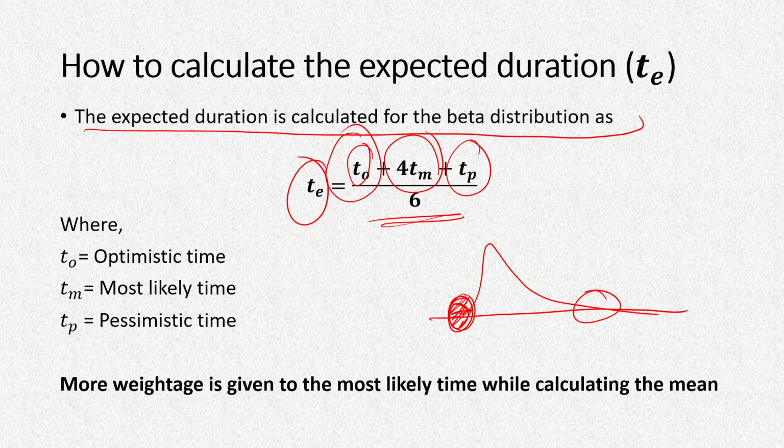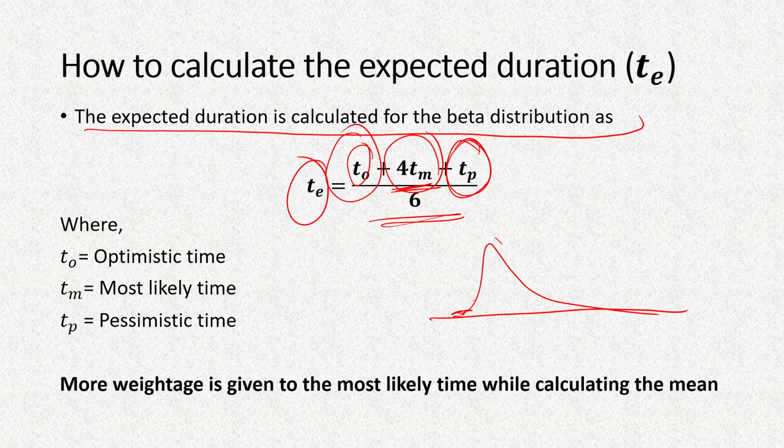Some values are going to be near the pessimistic time, so we are using that, and most values are going to be near the most likely time, so we are adding 4 times that. That means we are giving 4 times weightage to the most likely duration and only unit weightage to the optimistic and pessimistic times.